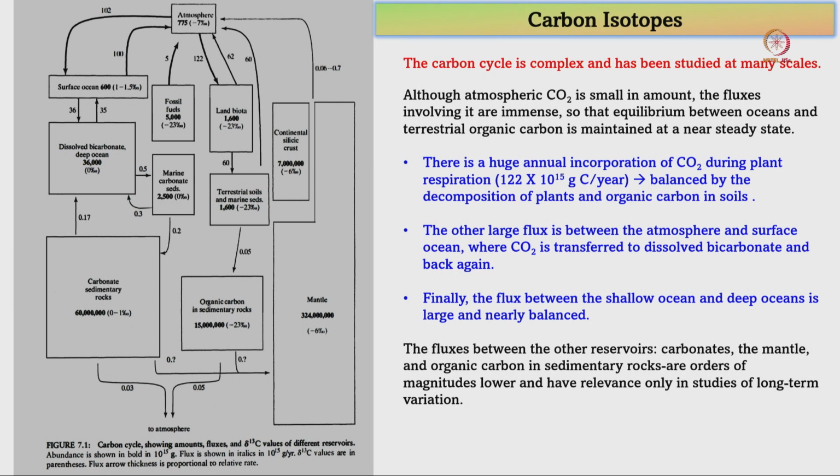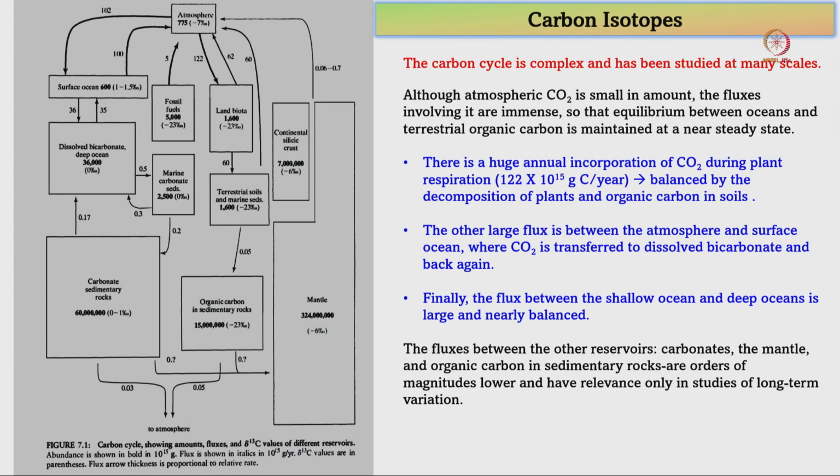So, let us see some general information and then we are going to look into one particular application. In general there is a huge annual incorporation of carbon dioxide during plant respiration. Of course, plants will respire, and carbon dioxide is coming into the atmosphere, that is how it is getting into the atmosphere majorly. Where is this coming from? This is coming from the decomposition of the plants and organic carbon in the soils, and it is getting recycled.